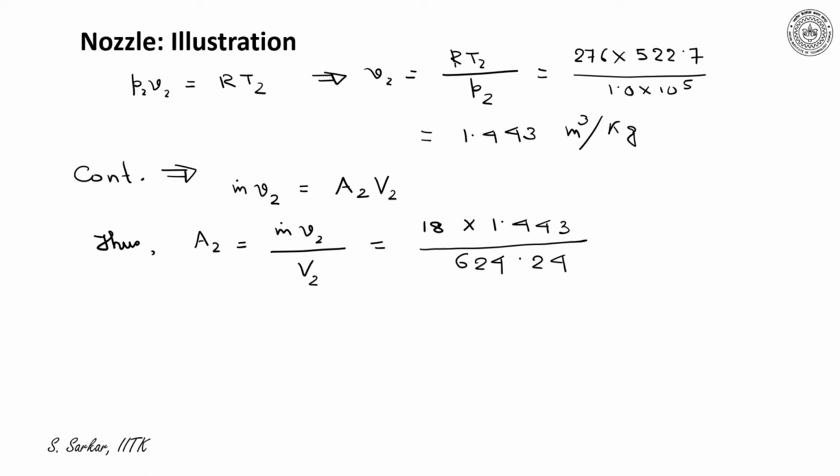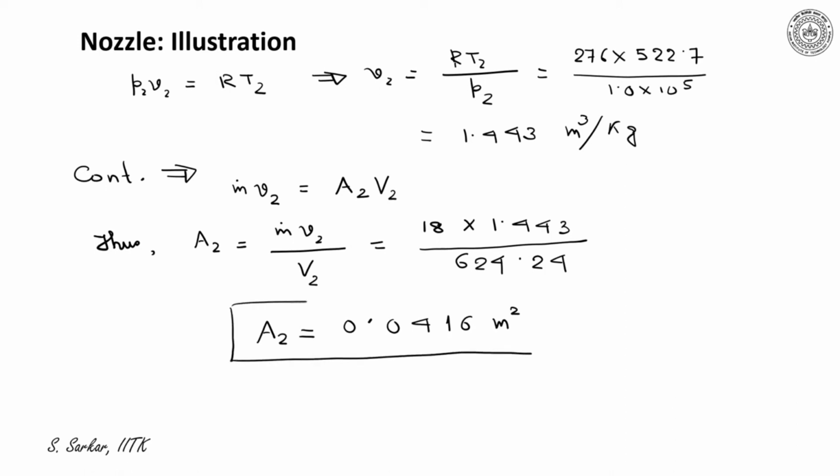So if I do that, I'll get the exit area A2 as 0.0416 meter square. Thus I have got an answer for the exit area of the nozzle.